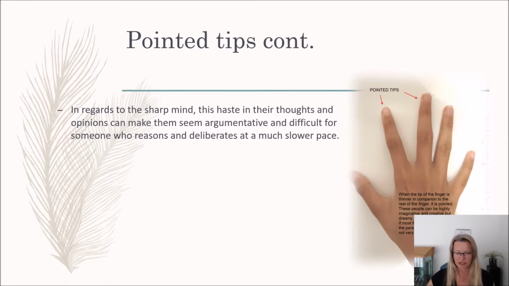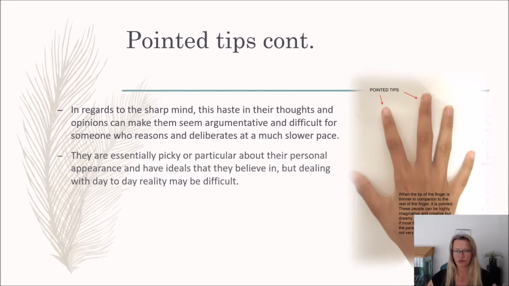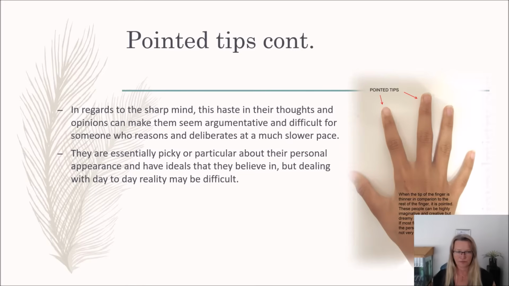So somebody who likes to sit down and think before they speak can feel that this person with the pointed fingertips is a little bit too opinionated and argumentative. They would not get along. Someone with blunt, fat fingers would not get along very well communication-wise with somebody with pointed fingertips.